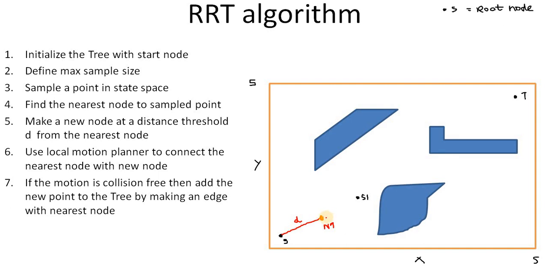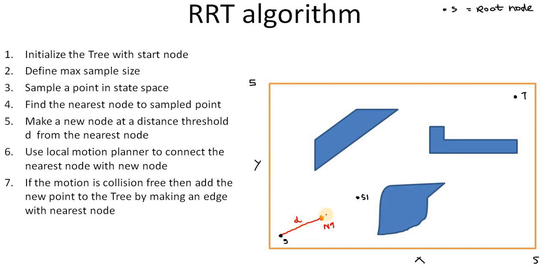Also you have to make sure that the edge that connects the nearest node with the new node is collision free. Should I mention it here? I think it will become messy. So remember that this is the sampled node, this is the nearest node to the sample, and this is the new node that we have made at a distance d from the nearest node.